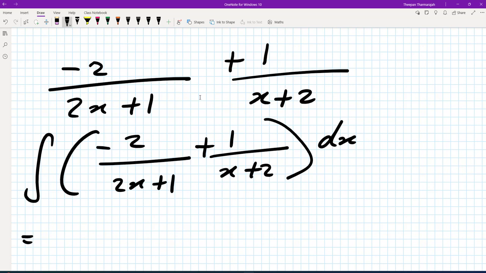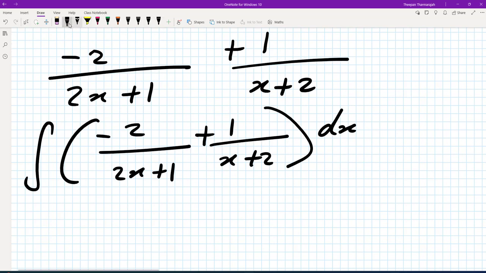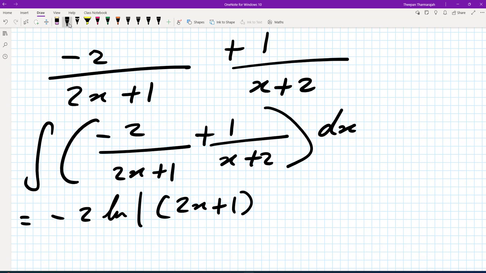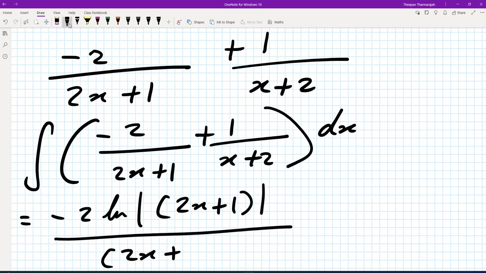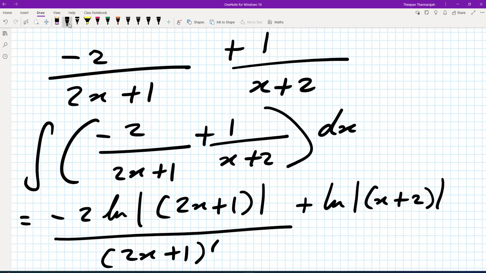Now for this integration it's going to be minus 2 ln mod 2x plus 1 divided by the differentiation of 2x plus 1 from the chain rule, and then plus ln mod x plus 2 plus c, right?